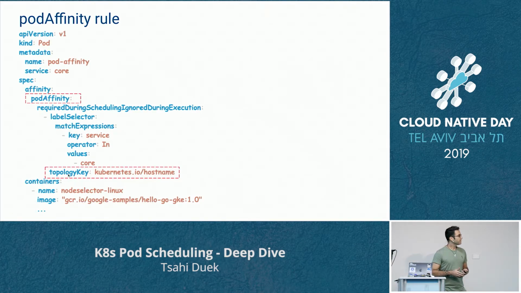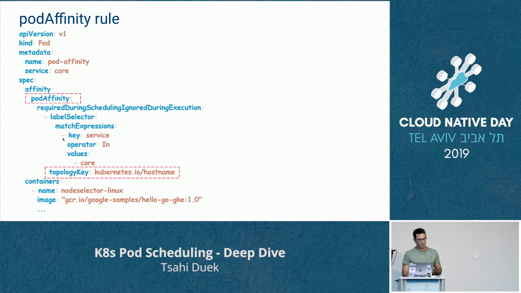The topology key is the domain, or the address space, if I can think of it like this. This must be a label that exists on all the nodes, and I must schedule my pod according to this label specifically.